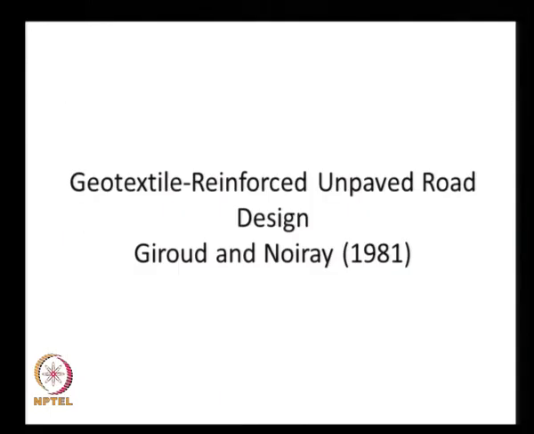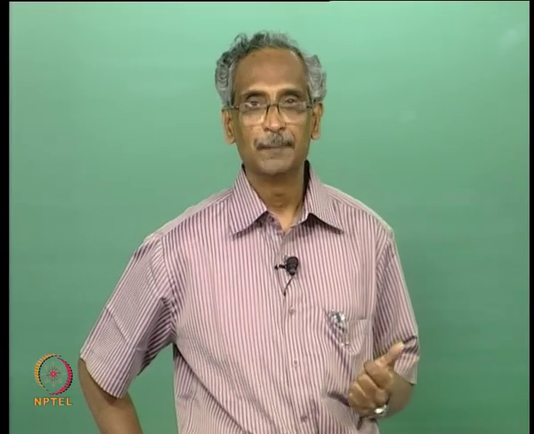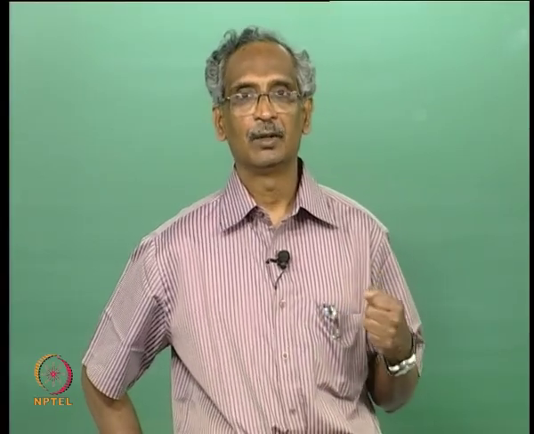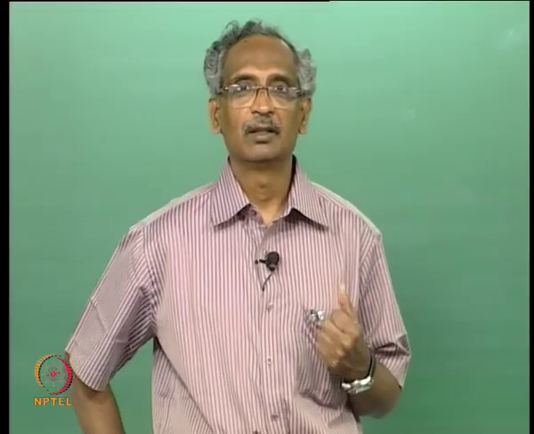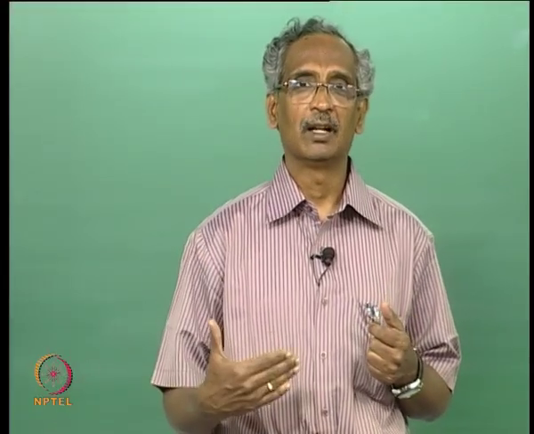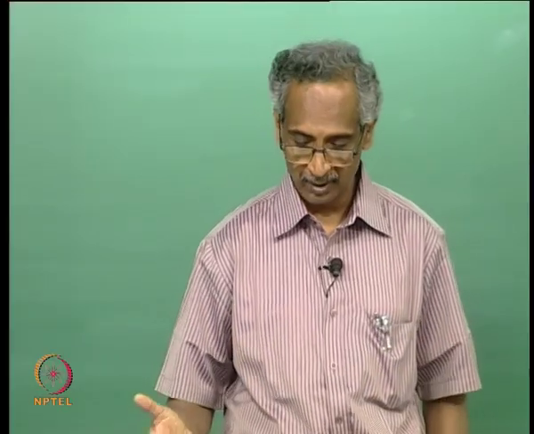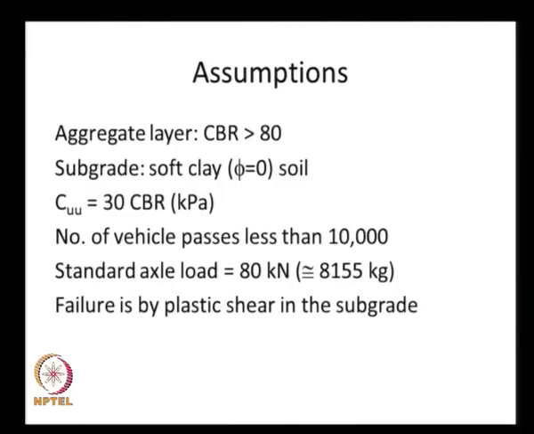Now let us look at the design of unpaved roads as given by Giroud and Noiray way back in 1981. They have given a semi-empirical design method that is based on some mathematical analysis and some empirical correlations, with some assumptions. The aggregate layer is assumed to have a very high CBR value, that is a CBR of more than 80%. Usually the granular subbase material that we use will achieve a CBR of much more than 80, usually about 100 to 150.